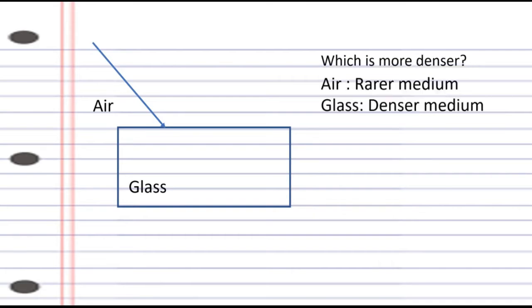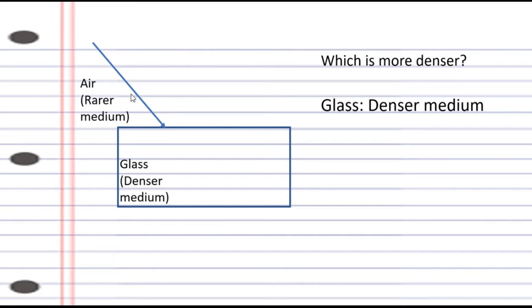That means the light ray is entering from air to glass, that is, from a less dense medium, which is called a rarer medium, to a glass medium, which is called a denser medium. I'll repeat: the light ray is moving from a rarer medium, that is, a comparatively less dense medium than glass, to a denser medium.